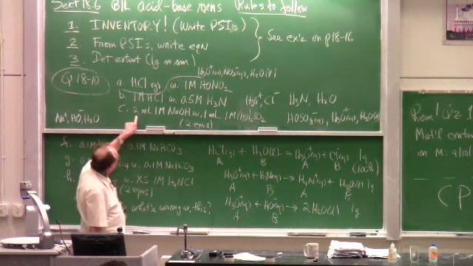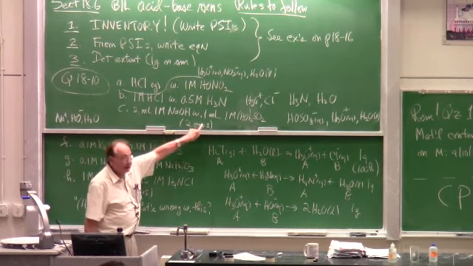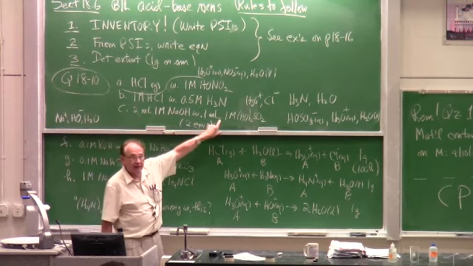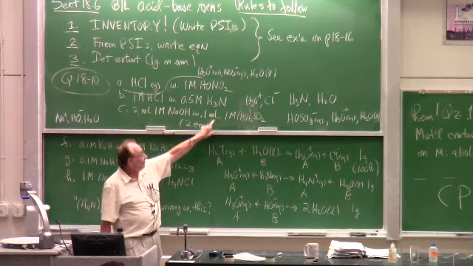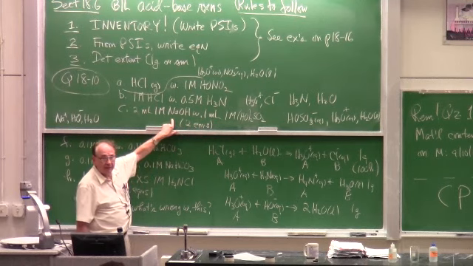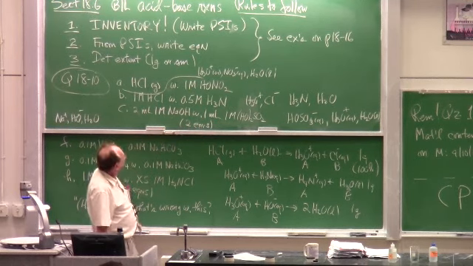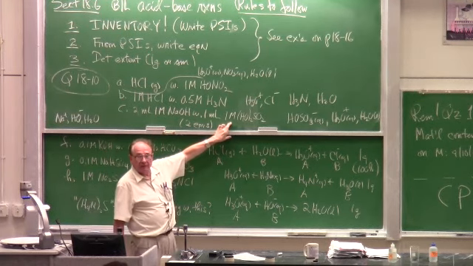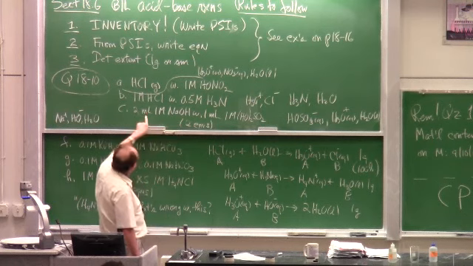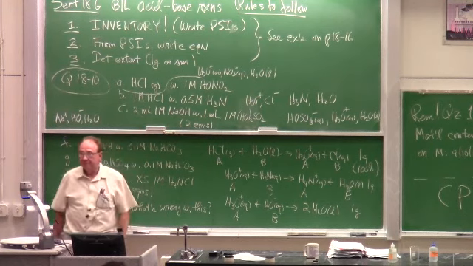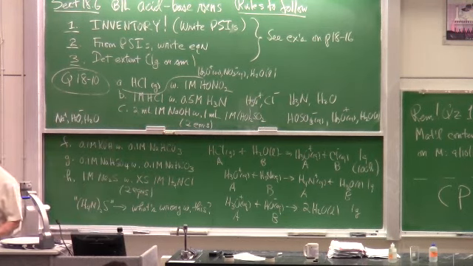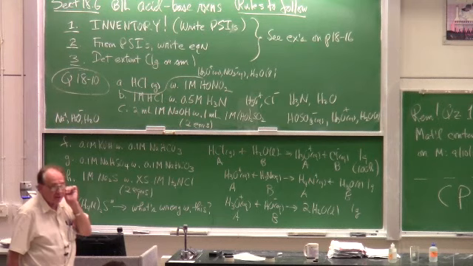You see what this 2 milliliters, 1 milliliters, do you see these molarities are the same? Okay? When I made this solution, for every liter I put in a mole of sodium hydroxide. And when I made this solution, for every liter I put in a mole of sulfuric acid. But I'm using twice as much of this solution. That means I'm using twice as much hydroxide ion, and twice as much sodium ion.